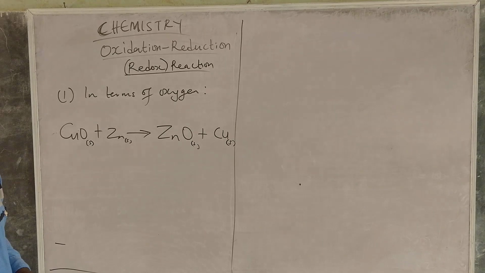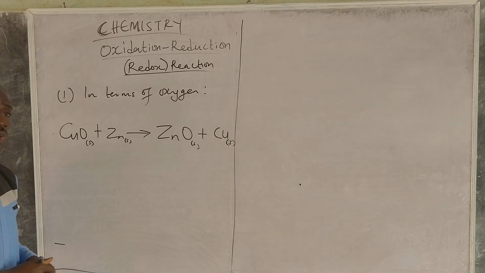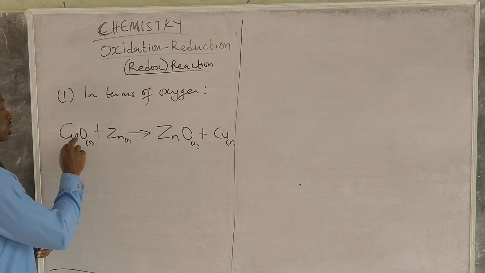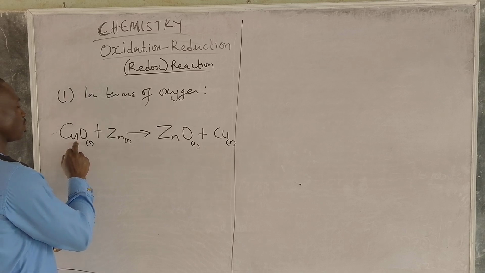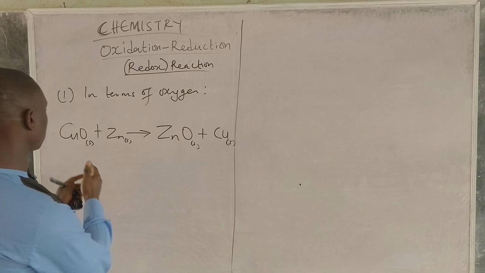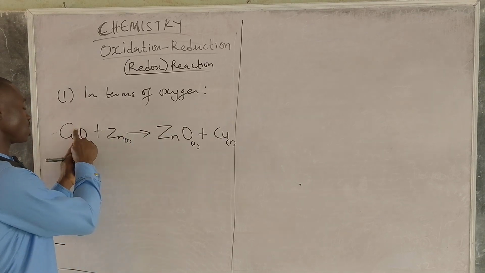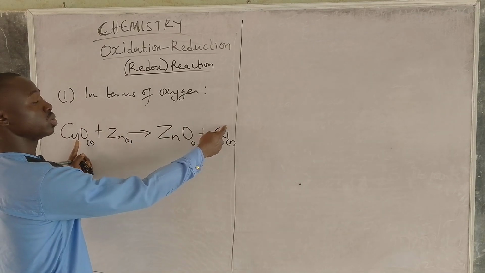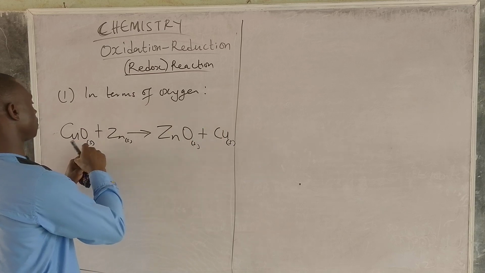Right. Now, which one is oxidized? Which one is reduced? If I draw an arrow from copper oxide on the left hand side of the equation to the right hand side, copper oxide changes to ordinary copper.